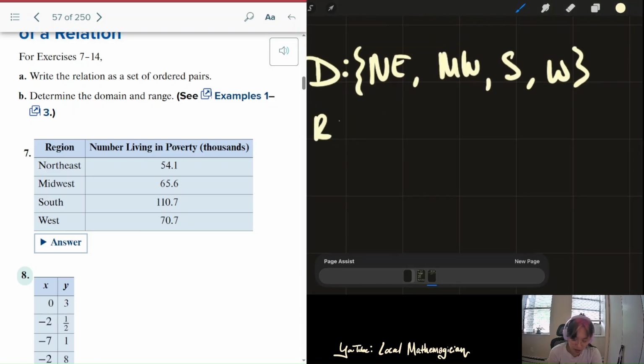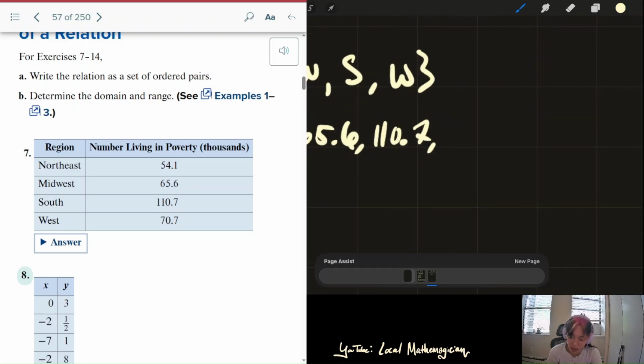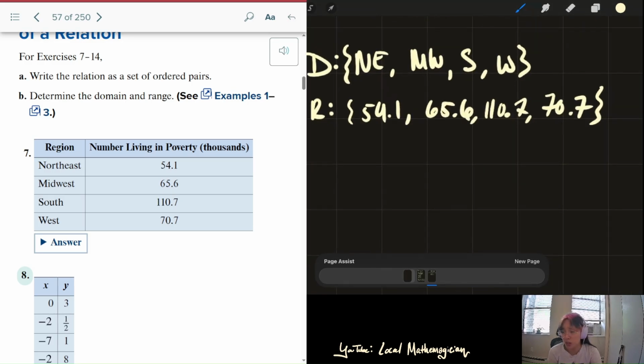Your range is going to be 54.1, 65.6, 110.7, and 70.7. It doesn't have to be in this order because sets are unordered groups of items. Okay. Cool.